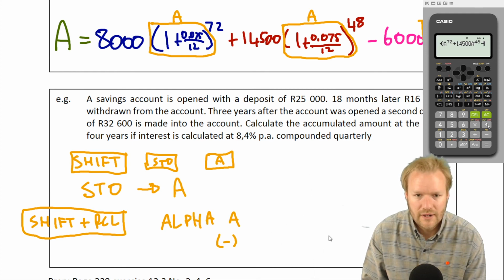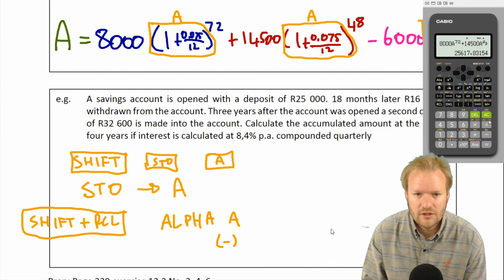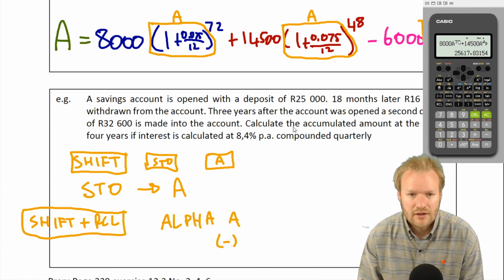Minus, it's a lot easier to keep track of than having a whole lot more brackets and fractions. Minus 6,000 alpha A to the power of 12, equals, and there's our answer.